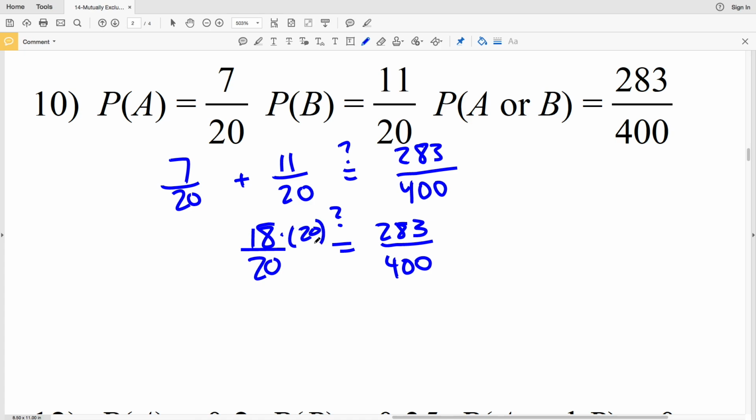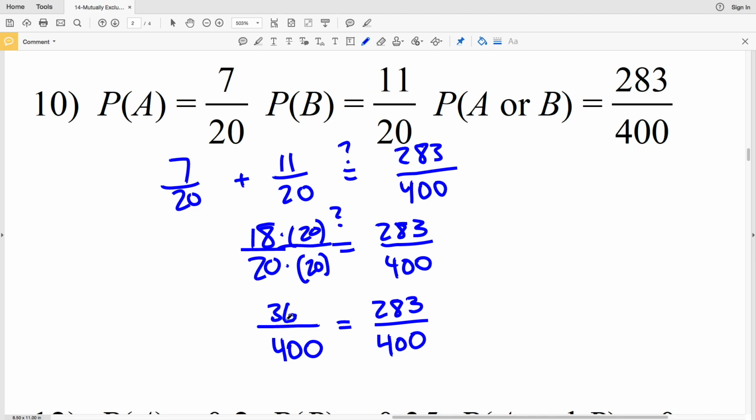So I'll multiply the top and the bottom both by 20. So that'll give me some fraction out of 400. So I can see if that numerator is the same, 283. 18 times 20 equals 360. And because 360 out of 400 does not equal 283 out of 400, then these events, A and B, are not mutually exclusive.